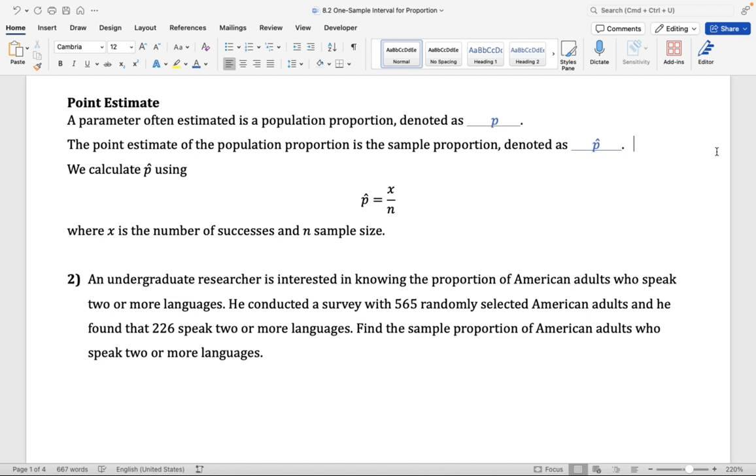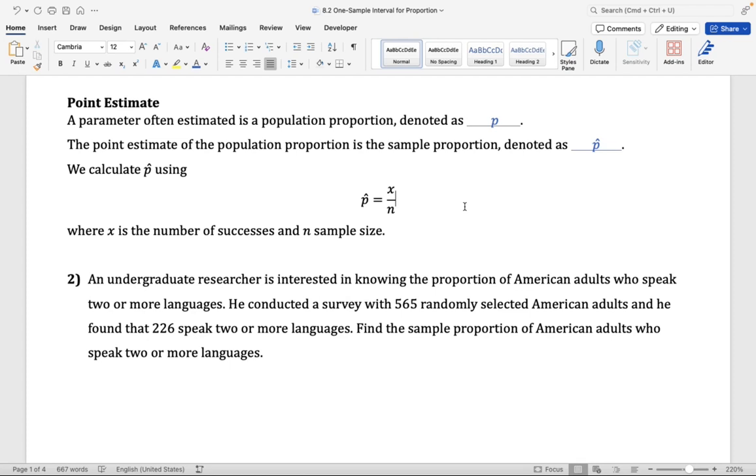Here it's really important for us not to get confused between the sample proportion and the population proportion, and that is why we're using different symbols. We're using P hat for the sample proportion. We are using P for the population proportion. Okay? Now, if you're wanting to calculate the sample proportion, you can do so by taking X divided by N. Here, X is the number of successes and N is the sample size.